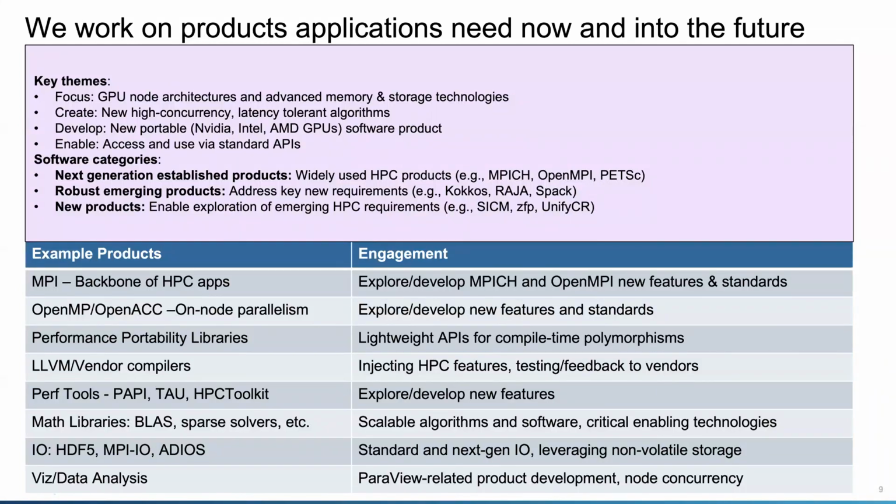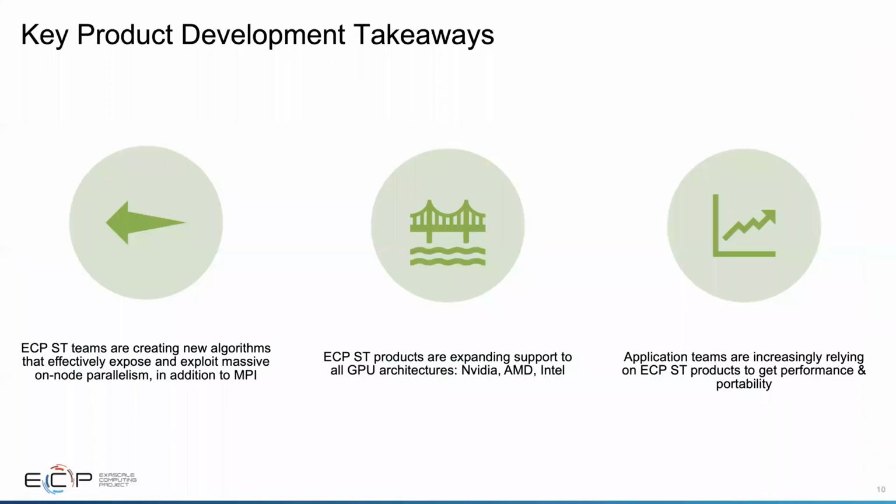We have performance evaluation tools, including PAPI, TAU, HPCToolkit, math libraries such as BLAS, sparse solvers, Trilinos, PETSc, HDF5, MPI-IO, ADIOS2. These are all IO libraries. We have data and visualization projects, including VisIt and ParaView, and a large number of these projects.